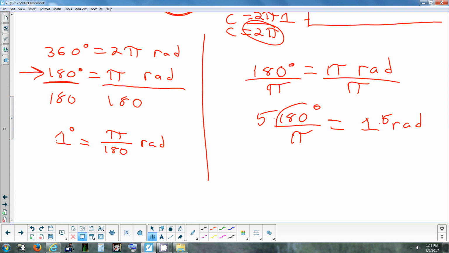So this is the whole key. If you want to change a radian to a degree, you have to take what you want to change, multiply by 180, that's step 1. Step 2, divide by pi.